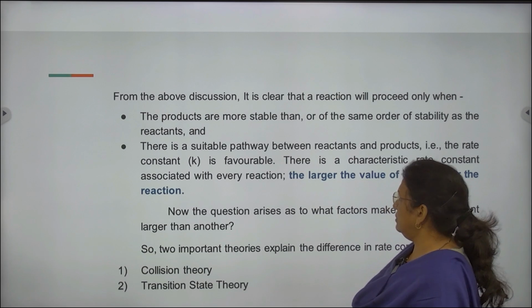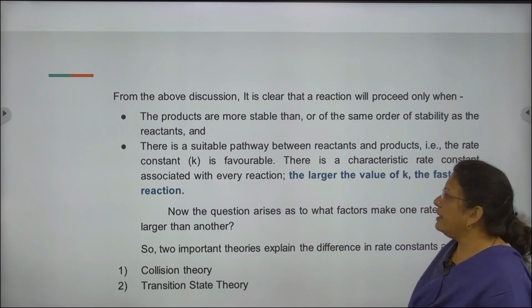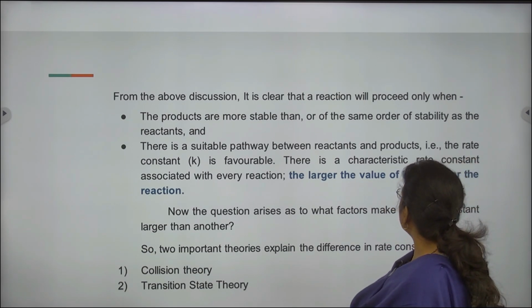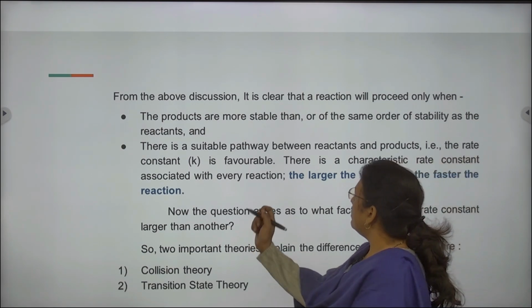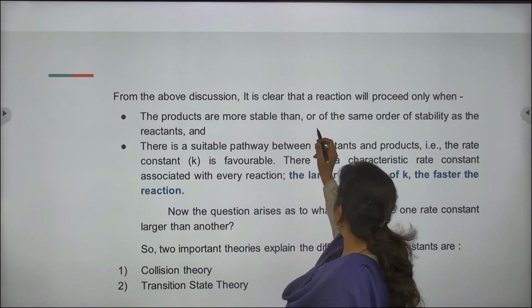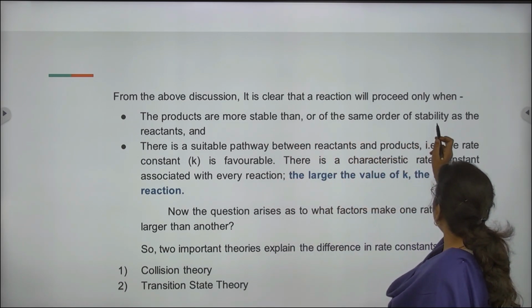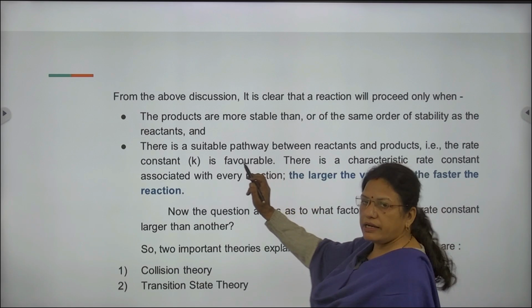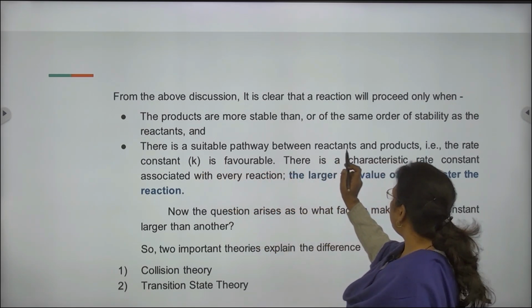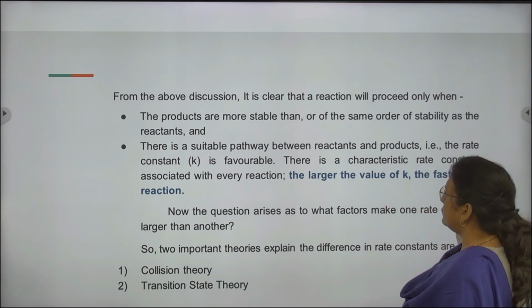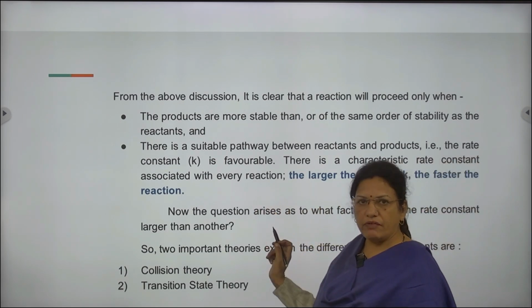From the previous discussion, it is clear that a reaction will proceed only when the products are more stable than or of the same order of stability as the reactants, and there is a suitable pathway between reactants and products, that is, the rate constant K is favorable.